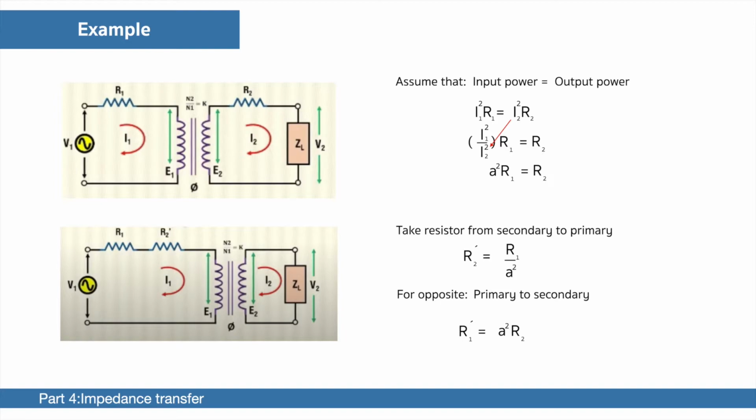We call this procedure resistance transfer with reference to primary. So we're going to have R2 dash equal to R2 over a squared. However, for the opposite, if we transfer from primary to secondary, we will have R1 dash equal to a squared multiplied by R1.